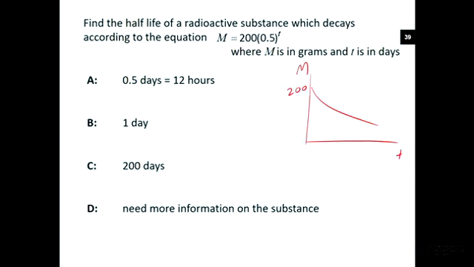Let's put in a few points. What mass will it be after 1 day? If it's 200 and it keeps getting halved every day, we've already answered it. It halves every day. So the half-life question says, how long will it take for it to halve itself? 1 day. Every day it halves itself.